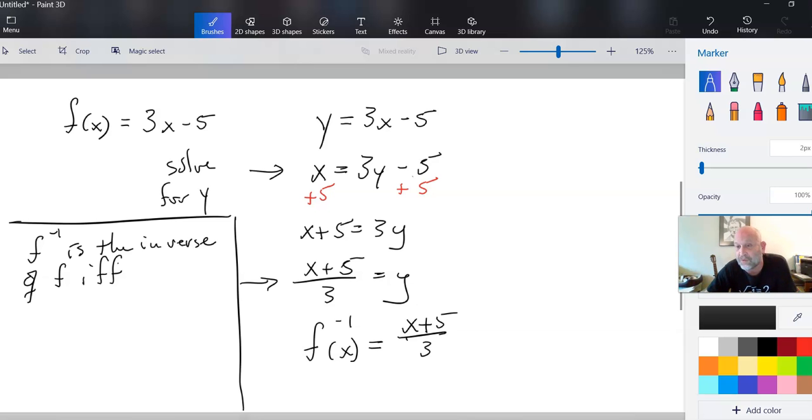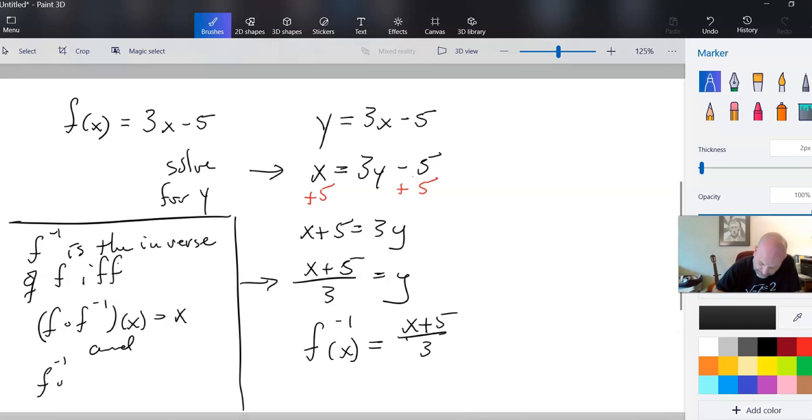That stands for if and only if, meaning that it's a definition. If and only if f composed with f inverse of x is equal to x, and notice I said and, that means both of them have to be true.